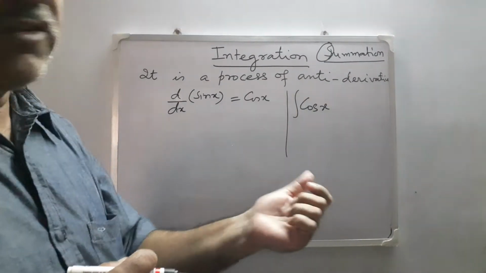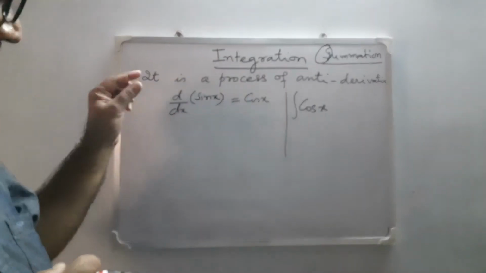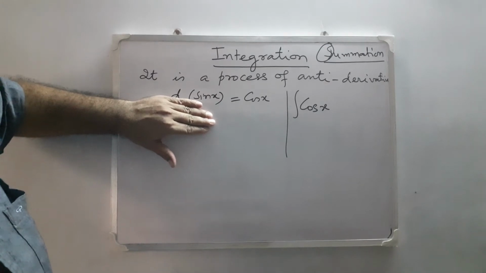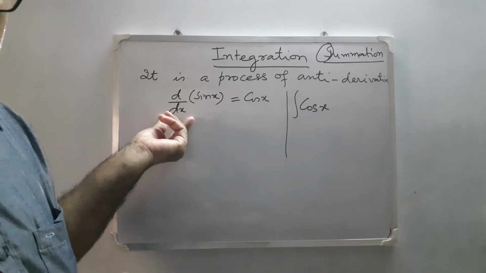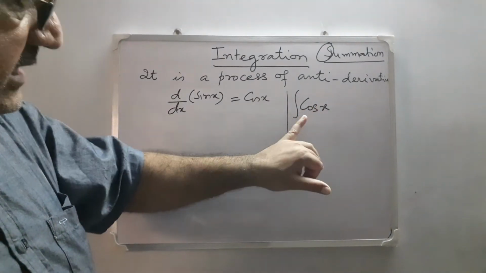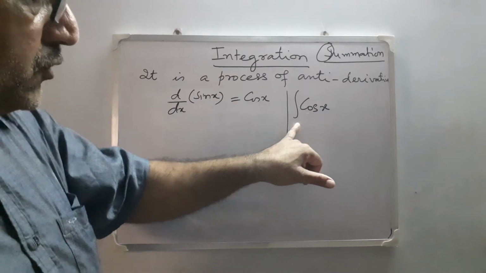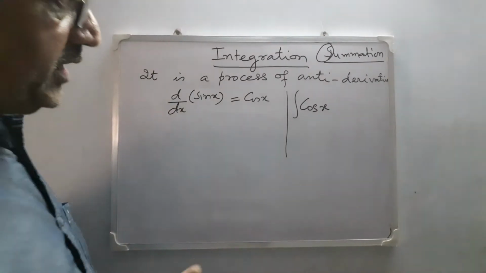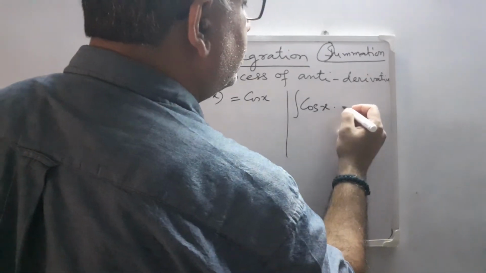One thing is important here: d sin x stands for differentiation of sin x, with dx standing for with respect to x. Similarly, integral of cos x indicates that we have to sum up cos x with respect to x, for which we write dx.